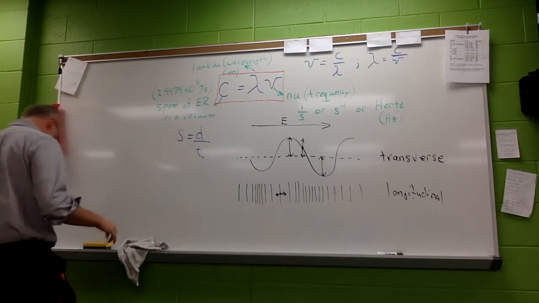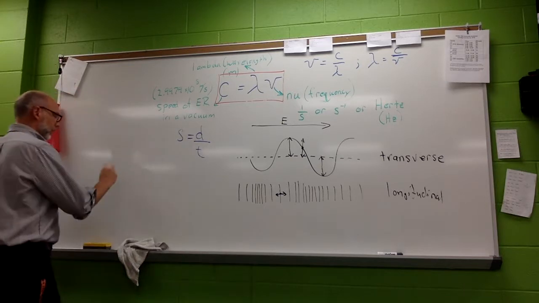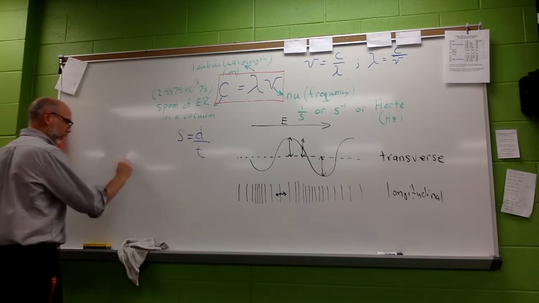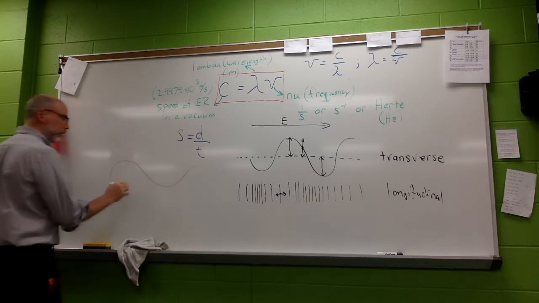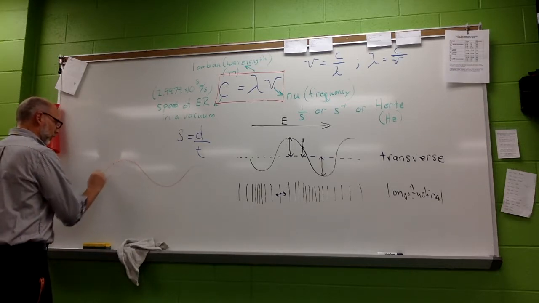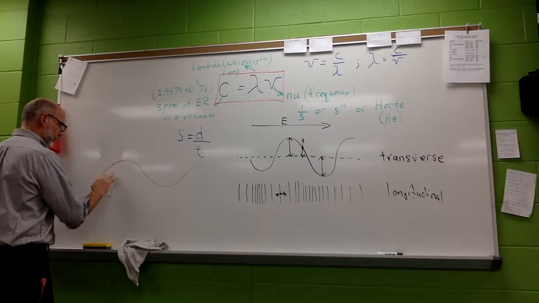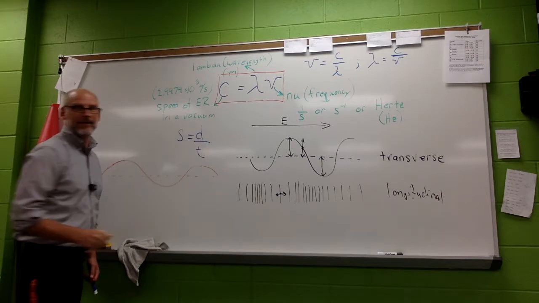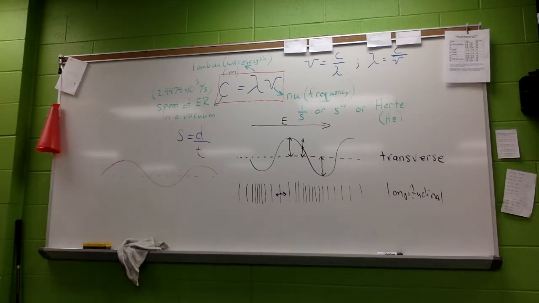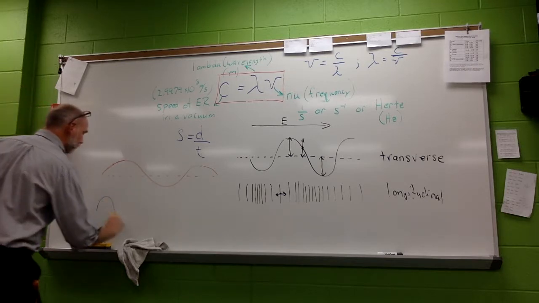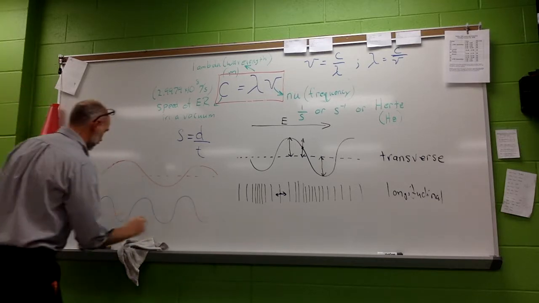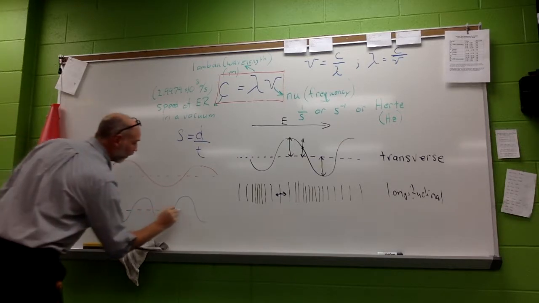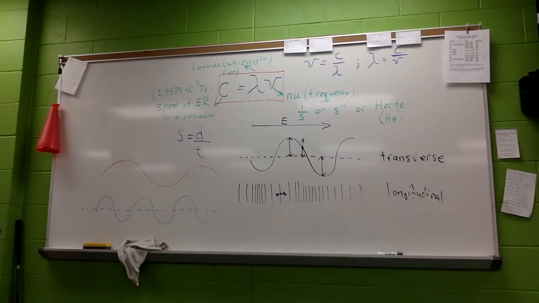I'm speaking in terms of a transverse wave here, just because it's easier to demonstrate. Does anyone remember what wavelength refers to? Well, we'll have an opportunity in a demonstration to talk about that. It's the distance from one point on a wave to the same point on the next wave.